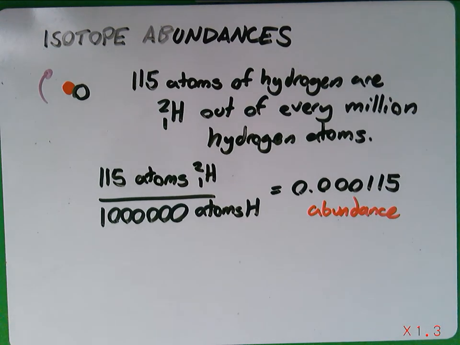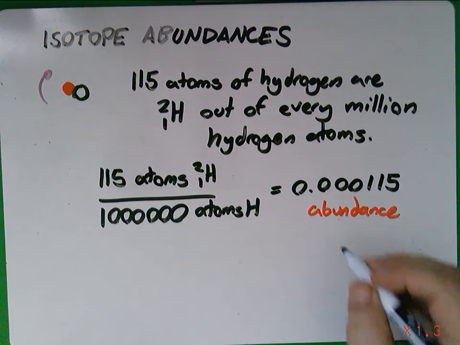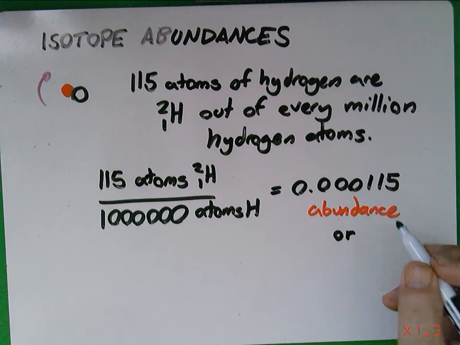I could also express it as a percentage. A percent means per 100, so it's kind of like multiplying something by 100 whenever you stick a percent sign on it. So I could report it like this.